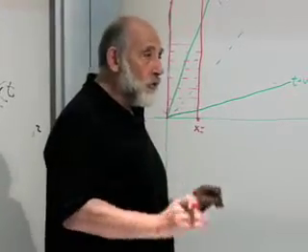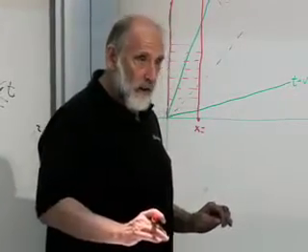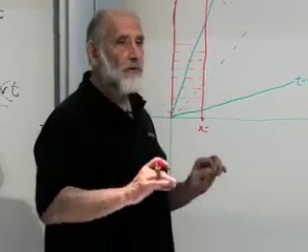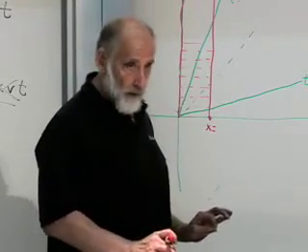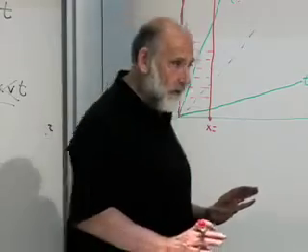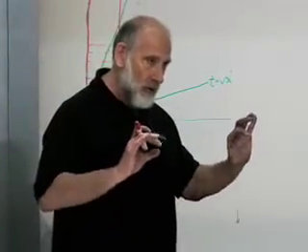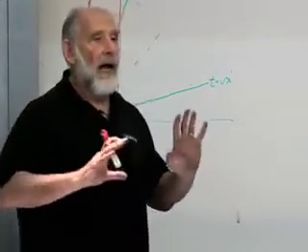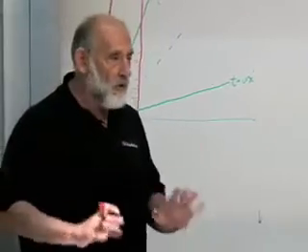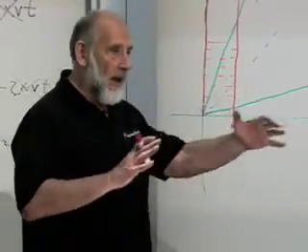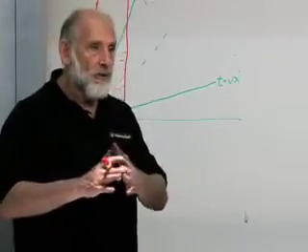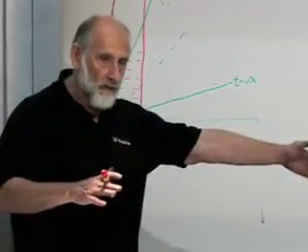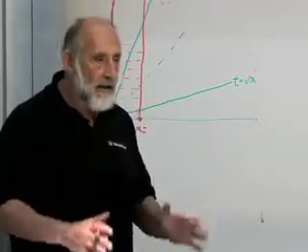You take the two ends of the meter stick at the same instant of time, but whose time? The moving observer's time. The moving observer looks at the two ends of the meter stick at a synchronous time in his own reference frame, and asks in his own reference frame how far apart is the front end of the meter stick and the rear end at a given instant of time.